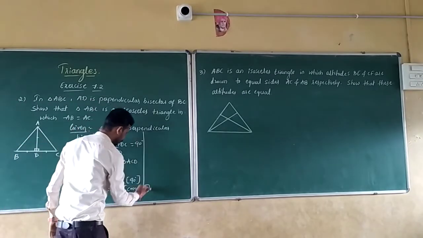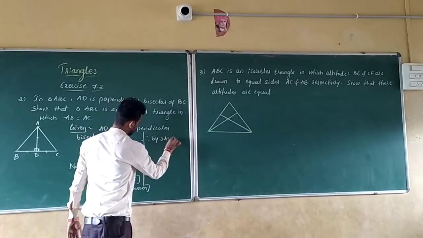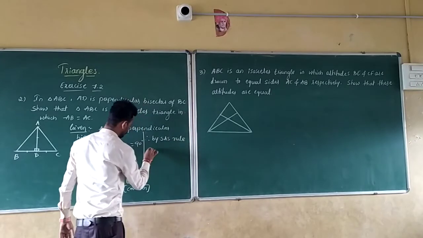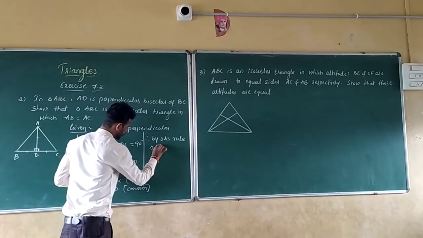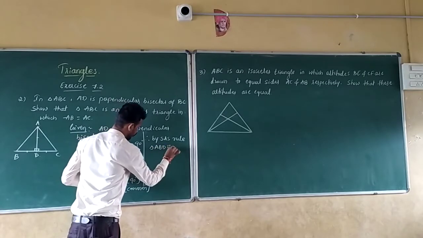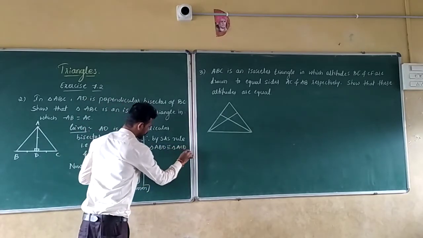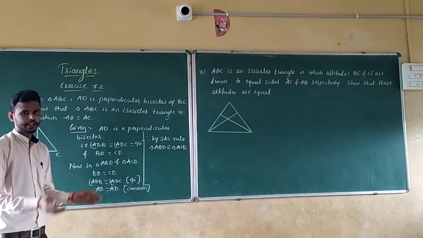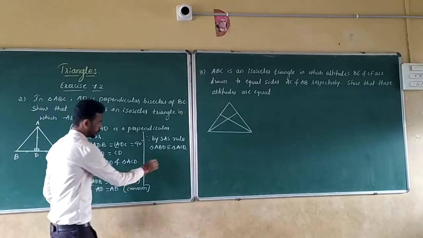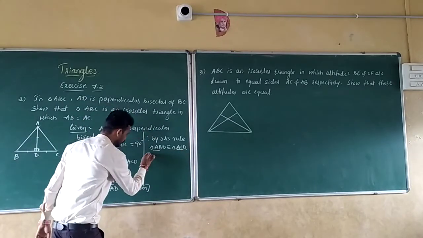Therefore, by SAS rule, triangle ABD is congruent to triangle ACD. If two triangles are congruent, then their corresponding sides are equal. So we can write corresponding sides AB equals AC.